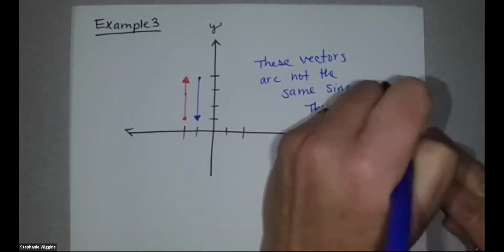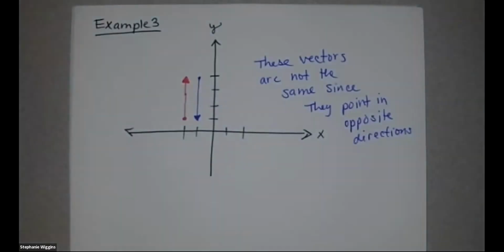So it's not just enough to look at the slope or to see if two lines are parallel. That will help you, but you also have to check and see that they're pointing in the same direction. So there's kind of one extra step there, if you will, when you're comparing two vectors.